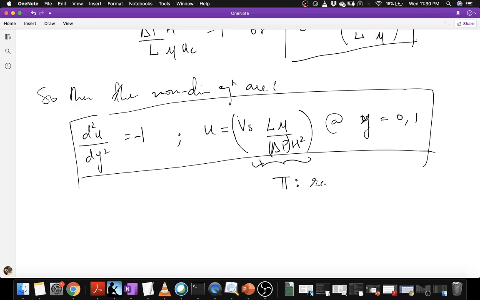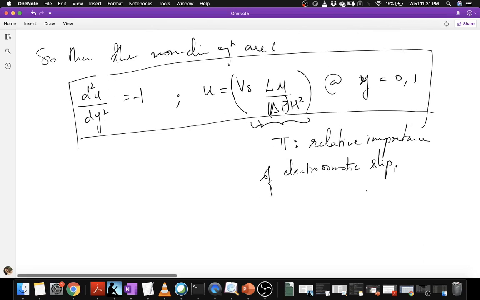So it gives me the relative importance of electro-osmotic slip, relative, of course, to the pressure gradient driving flow. Why do I say this?